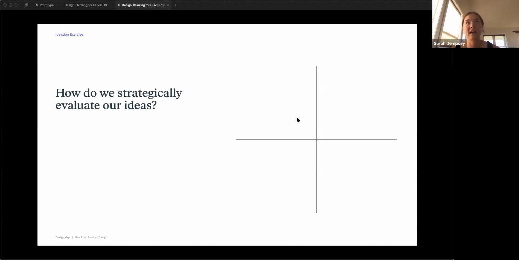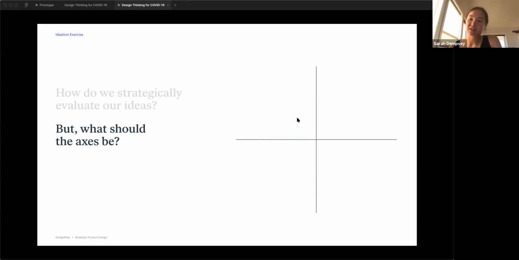So after we created a list of the ideas, we felt like it was meaningless in a flat list like this. We needed a way to strategically compare and evaluate them. So we turned to the 2x2 matrix as a tool for helping us do that.